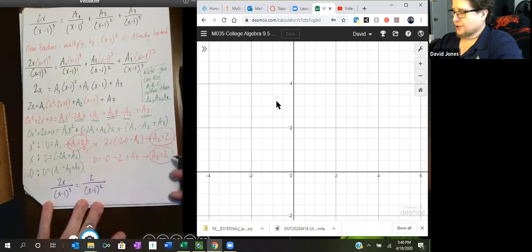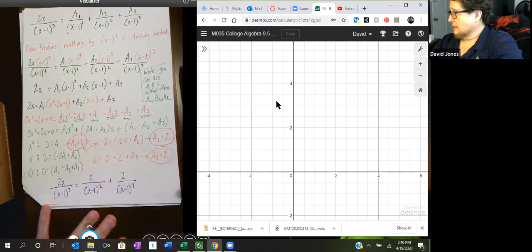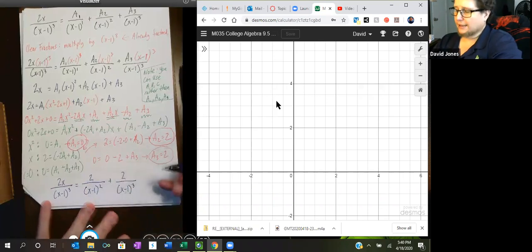And a3 was 2. 2 over x minus 1 cubed. The way it gets easier is we don't have variables or x's on top and bottom. It gets a little easier that way.